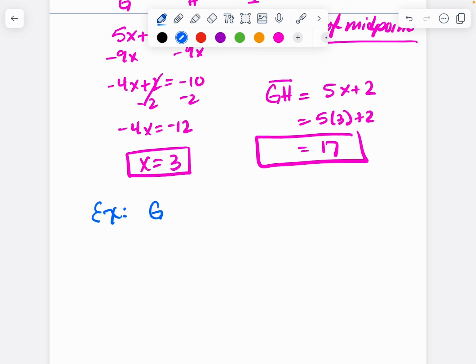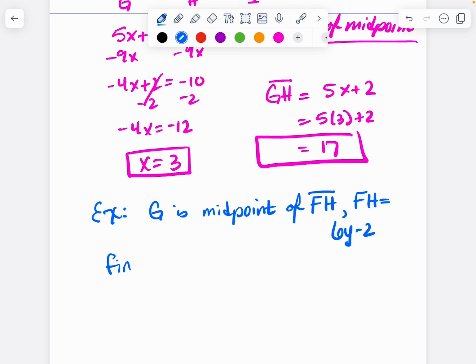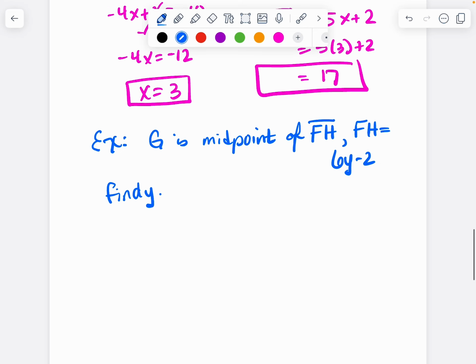So if I tell you that G is the midpoint of FH, and FH is, I'm running out of room again, 6y minus 2, and I want to know what y is. Doesn't sound too bad, right? Until I draw the picture.